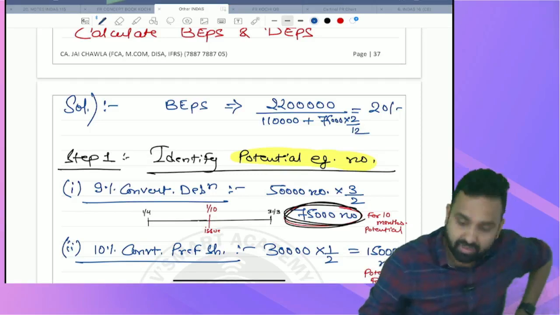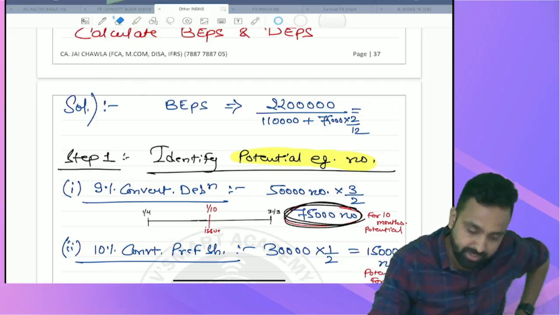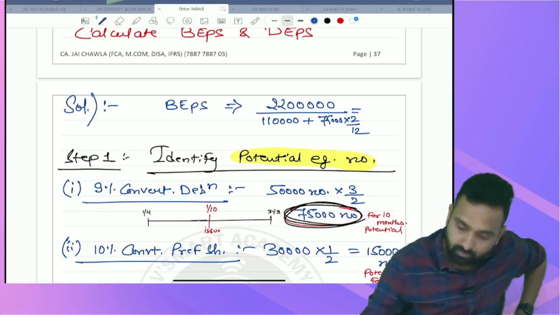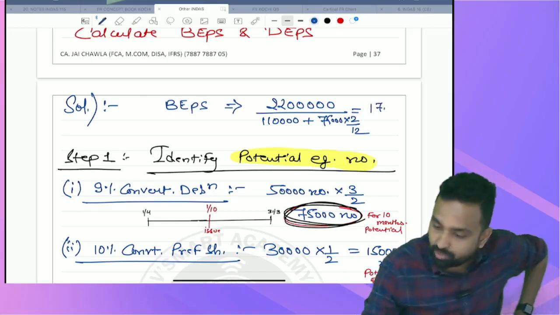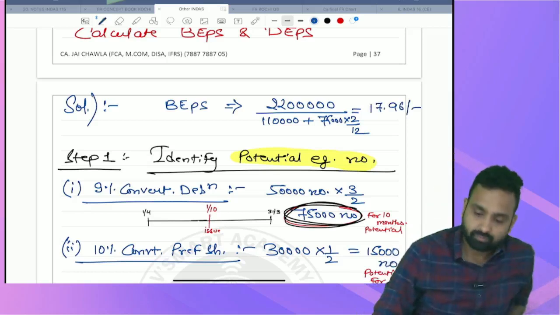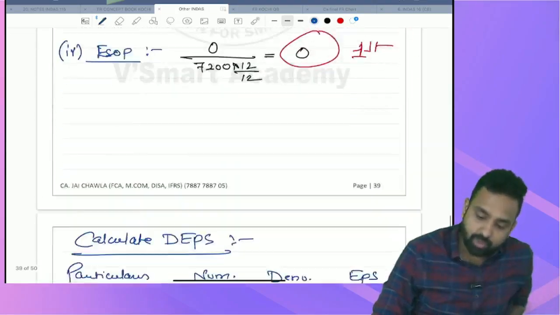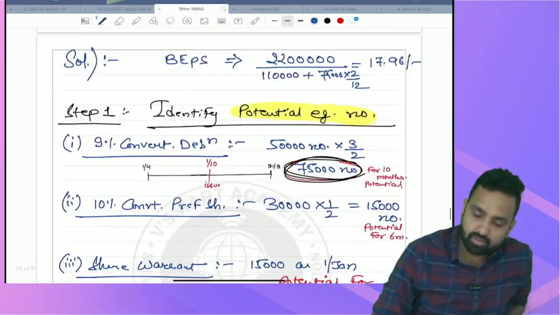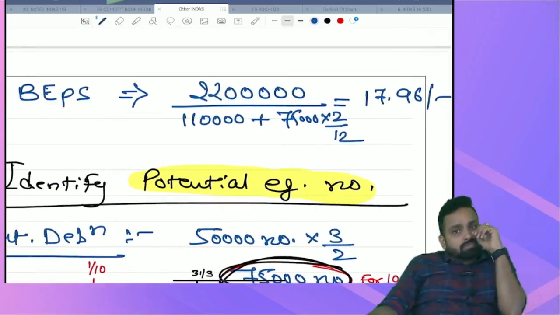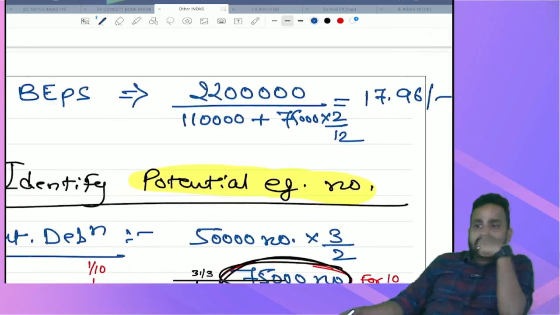It's 122,500. So it's not 20, it's actually 17.96. Done? So if it is 17.96, first of all make a correction here. You understood now? We forgot to consider that conversion for 2 months.